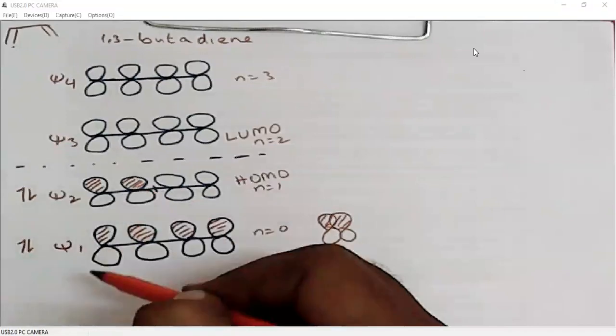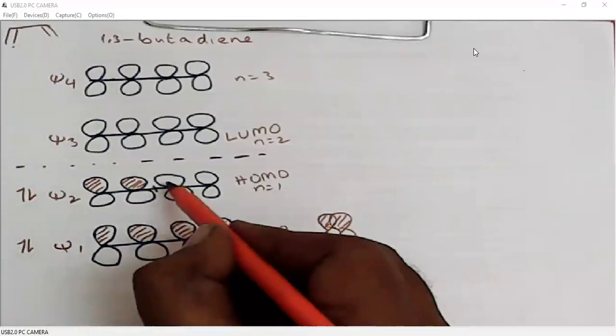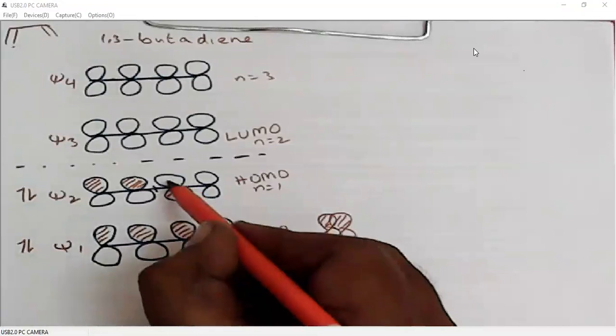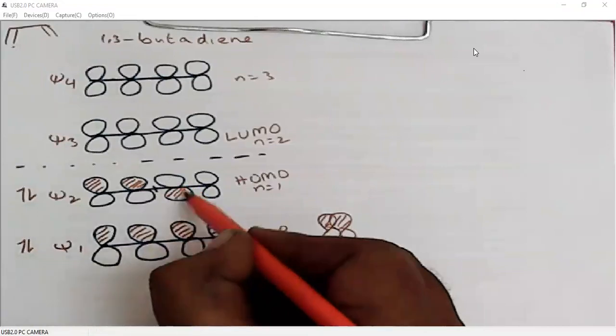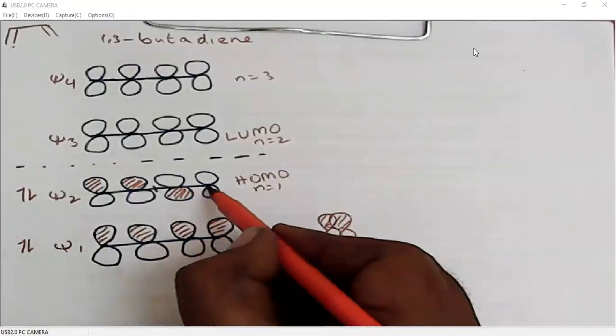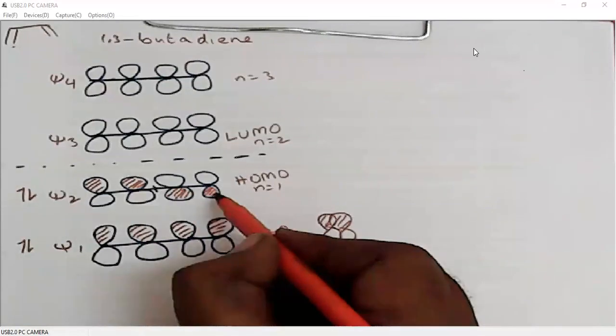Because we have a node here, the phase of the orbital must be reversed. That means above the bond we have a negative lobe, below the bond we have a positive lobe. Here we do not have any node, so the phase will be the same, so positive lobes below the bond.